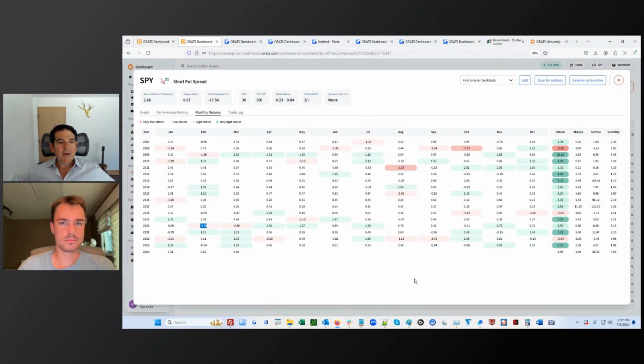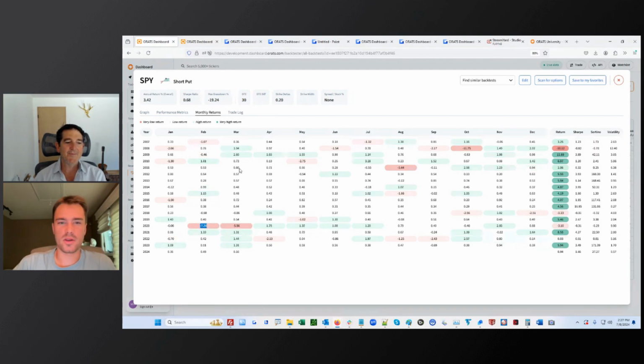So I mean, it has to do with your appetite for risk, but I don't know how you feel about it, Tyler, but I certainly like this short put spread a lot more. Why? I'm starting to like it more. Just looking at the monthly returns, just looking at the heat map, there's a lot less red in the spread.